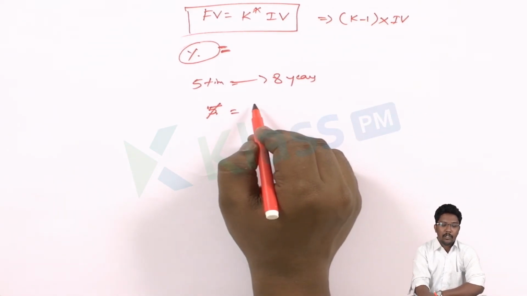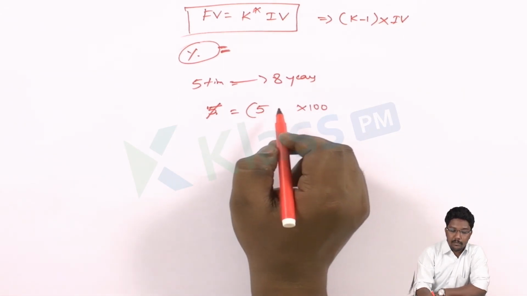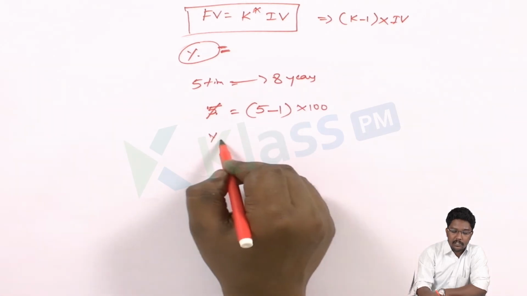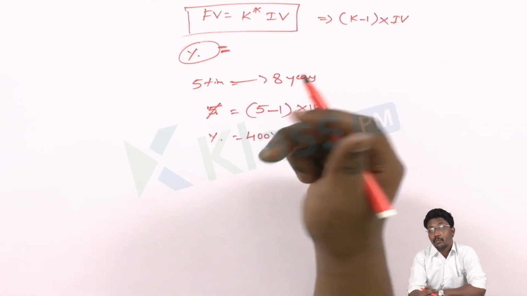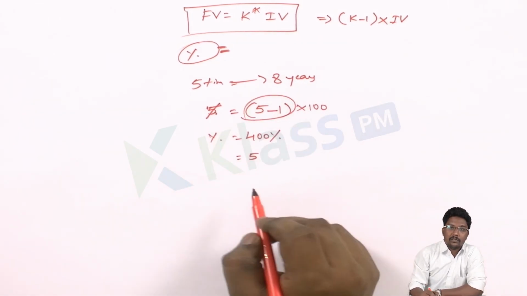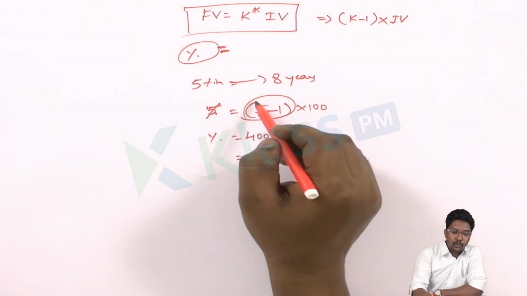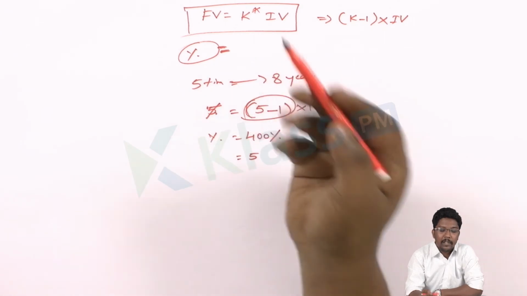So the initial value I am assuming 100. So 5 times itself in the problem, minus 1. So the total change is 400 percent. If it is 5 times more than itself, then I have to consider only 5, not 5 minus 1. So when you don't know the difference between more than itself and itself, you can't apply this type of formula.